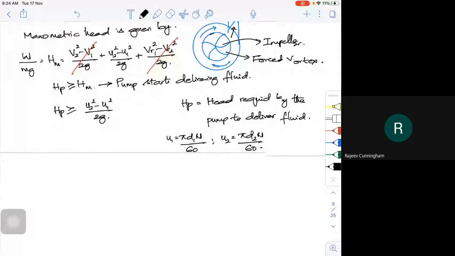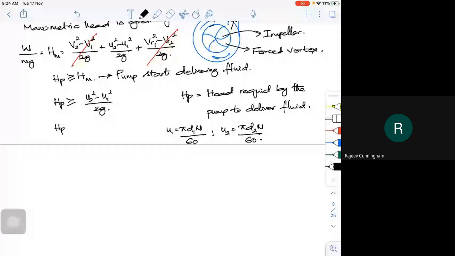Your HP will be greater than or equal to, U2 square I can write as pi square d2 square n square minus pi square d1 square n square by 60 square, divided by 2g. I can write the whole thing divided by 60 square into 2g.